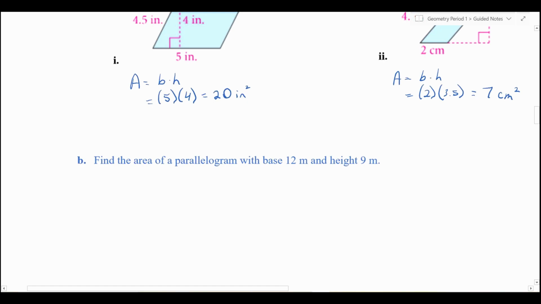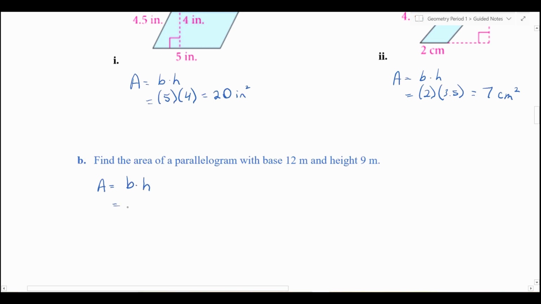All right, let's take a look at what you got. We know it's a parallelogram, so the area equals base times height. I'm not going to use parentheses, I'm just going to do base times height.